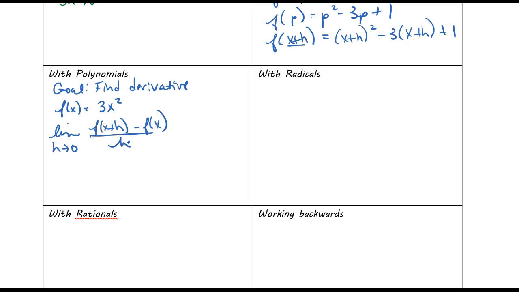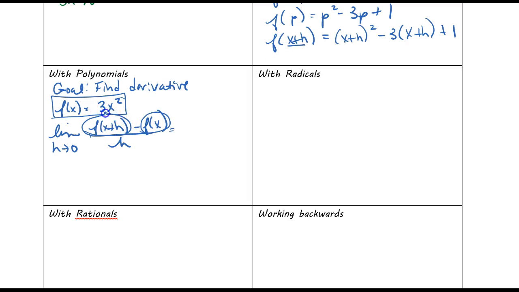So I'm going to replace this and this using the given formula, okay? Now it should be clear that since that's just an f of x, you're just going to replace it with that 3x squared. So that should be pretty easy. But the f of x plus h, remember what I said over there.